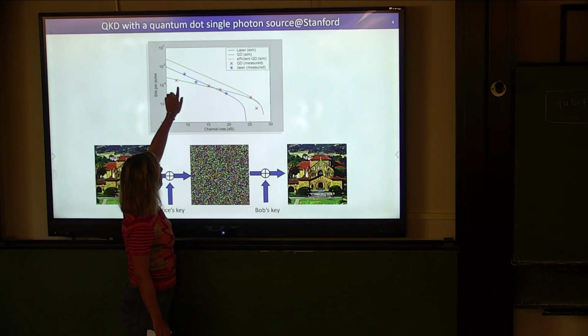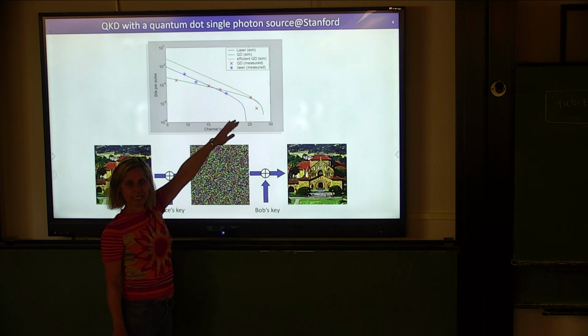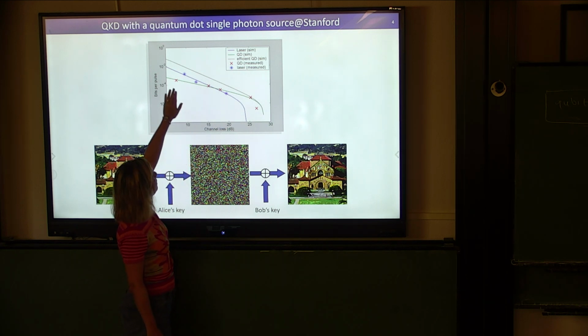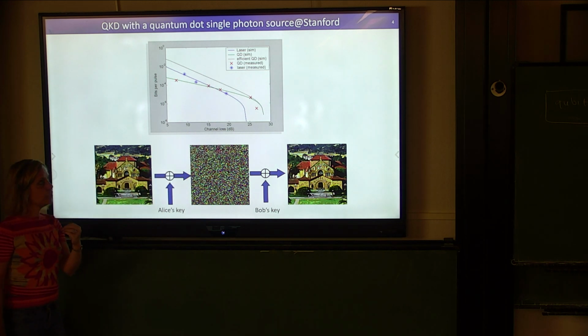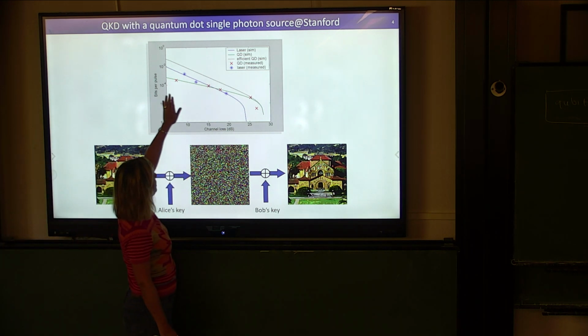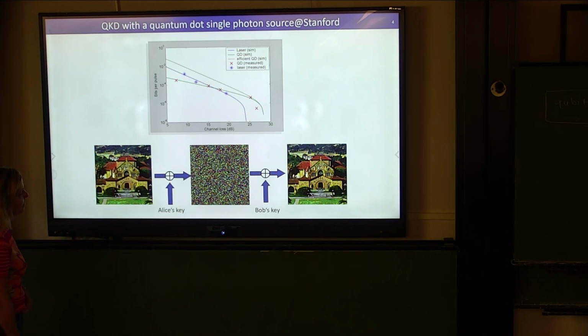The quantum dot has a different scaling. You see already from this graph that you get a different scaling between when you use a laser to create your single qubit and when you use a single photon source, a quantum dot in that particular case.